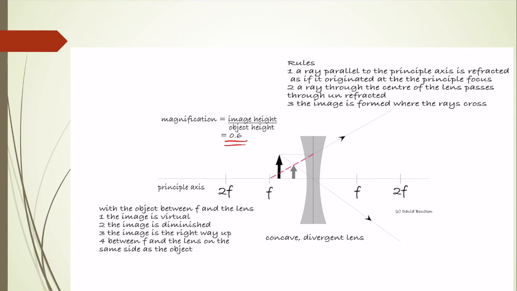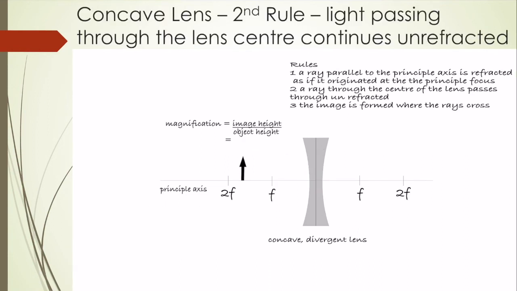Next one. So now we have between F and 2F. I'm going to include all these diagrams for completeness, as if it comes from F. So there's F. We're going to draw the line as if it comes from there. Dashed for the start of it, and then real for the end. And the one through the centre goes straight on.